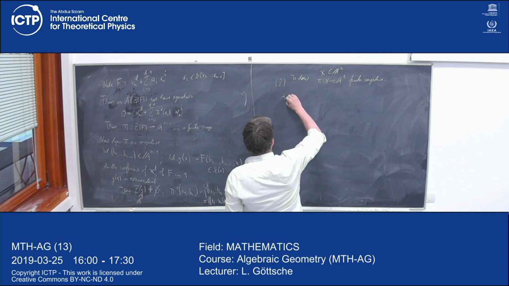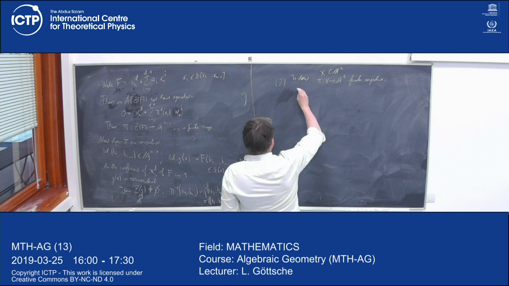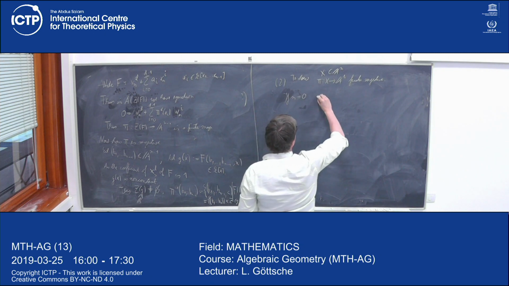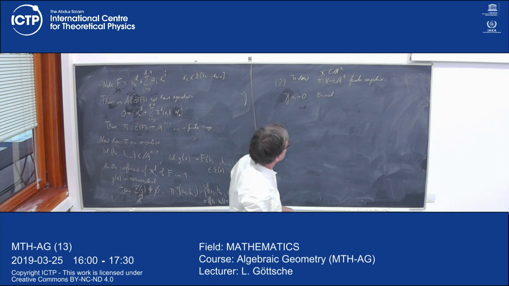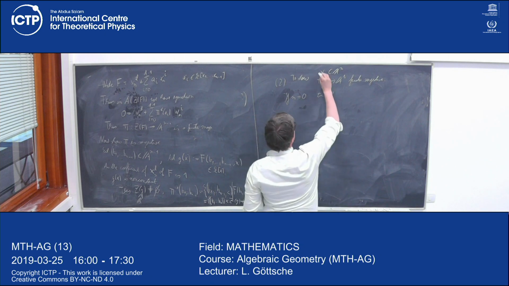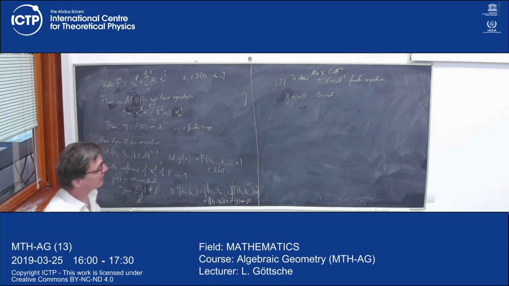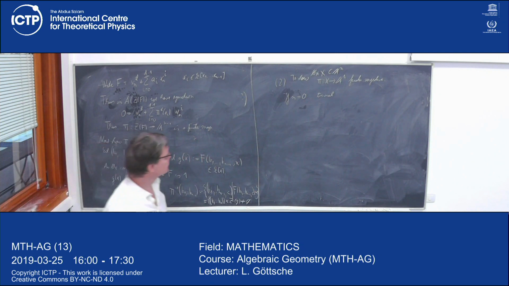So we make induction over n. If n is equal to 0, this is trivial. So X should obviously not be empty, so then X must be equal to A^0, and the map is just the identity to A^0.